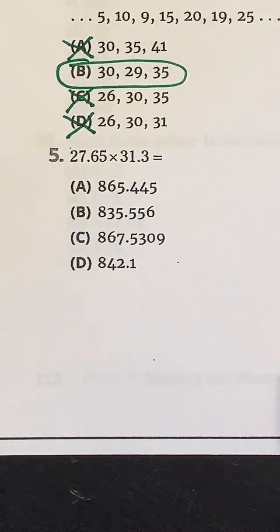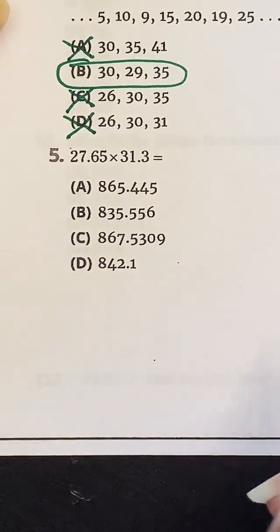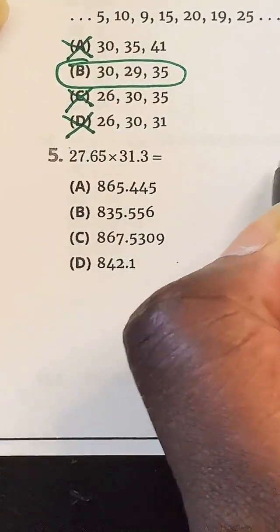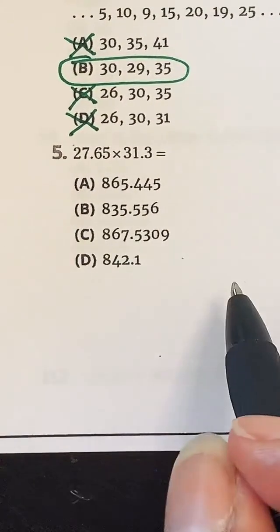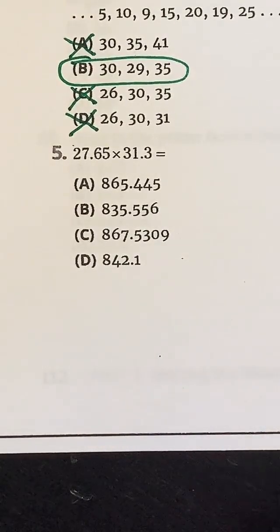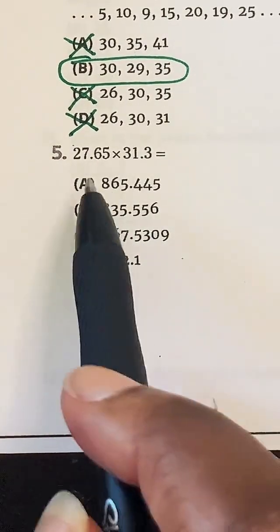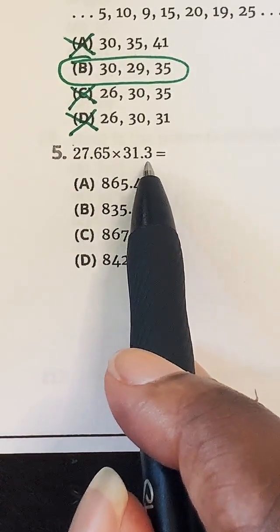Now, here's one way. It all depends on how you did it. We didn't have to multiply these two. If you sat there and said, okay, 27.65 times 30, we don't have to do all that. Here's the shortcut. When you multiply, we don't have to line up our decimals like you do for addition or subtraction. When you multiply, you count how many places you got.